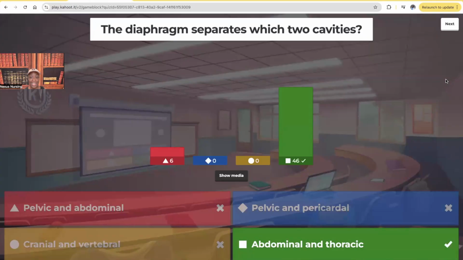Very good. The abdominal and thoracic. So here's the thing, guys. Your diaphragm is right between your thoracic area and your abdominal area. Your diaphragm sits like this, right?